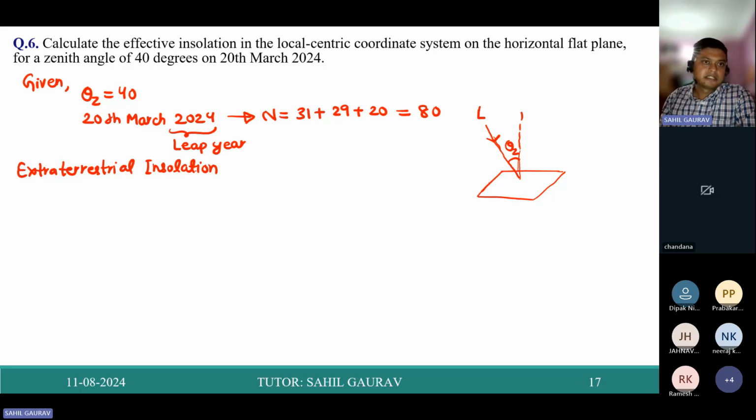So extraterrestrial insolation is given by L equal to LSC into (1 plus 0.033 cos(360 n/365)).